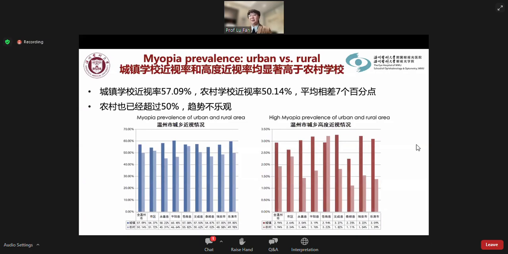Of course, the prevalence is much higher in urban areas, but the rate in rural areas has exceeded 50%, and it's going up. The trend is more significant, meaning faster. So the light blue bars are the data of the rural area, and here we show the high myopia rate in the graph on the right. The high myopia prevalence is much higher in urban areas.